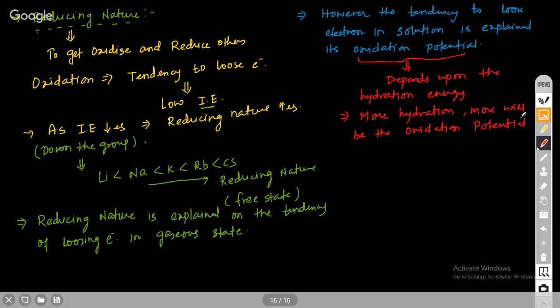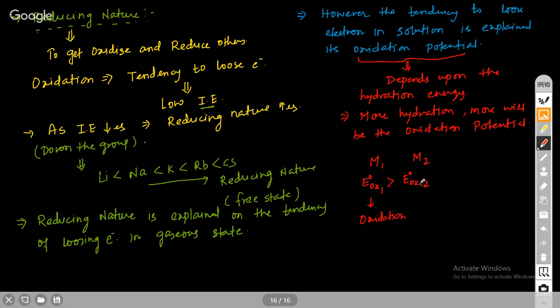See, oxidation potential is the energy required to oxidize itself. Suppose one molecule. One thing just to keep in mind: if you have two metals, metal one and metal two, and the oxidation potential of metal one is more than that of metal two, then metal one will go under oxidation, right?